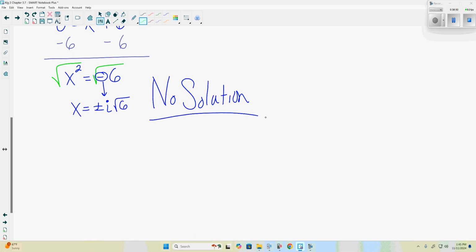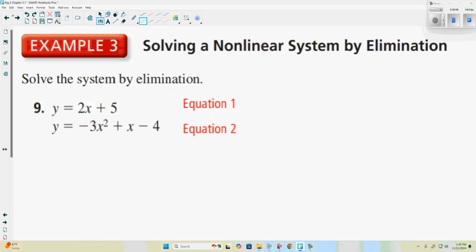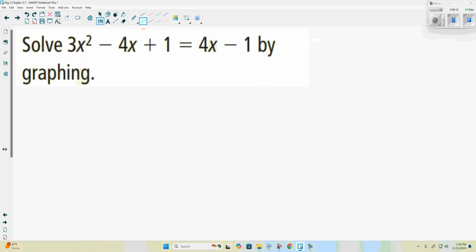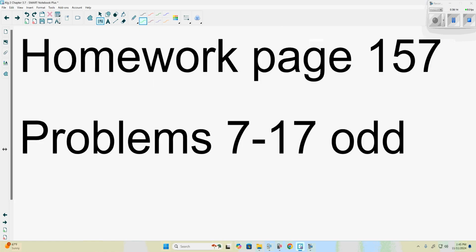If it was just a quadratic equation, we do have our imaginary terms. We do have solutions to it. They're just not real. And here, since we're looking for an intersection, the i tells us that there is no intersection. And there's more to it, but that's all we're going to do with this here.